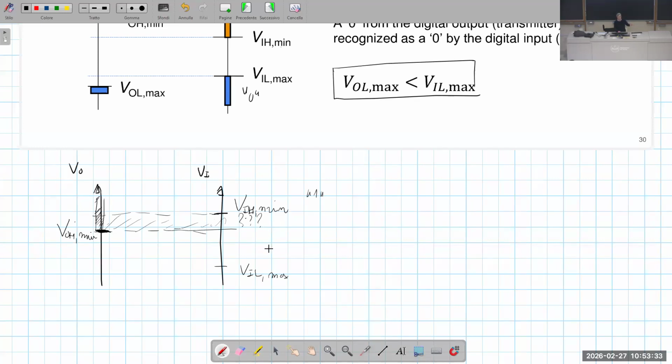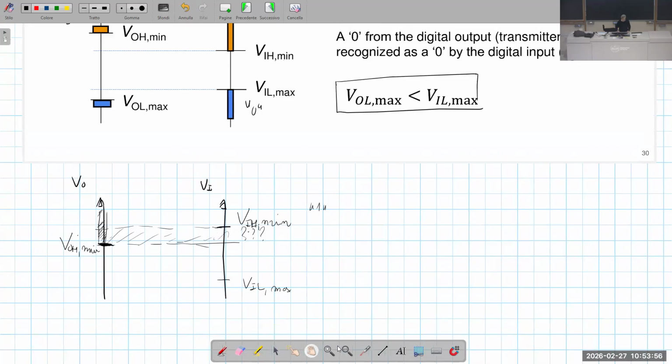In one device, it can be recognized as a 1. In another device by the same manufacturer, it can be recognized as a 0. It is absolutely not predictable and not reliable. So in this case, we do not have a successful exchange of logical information.